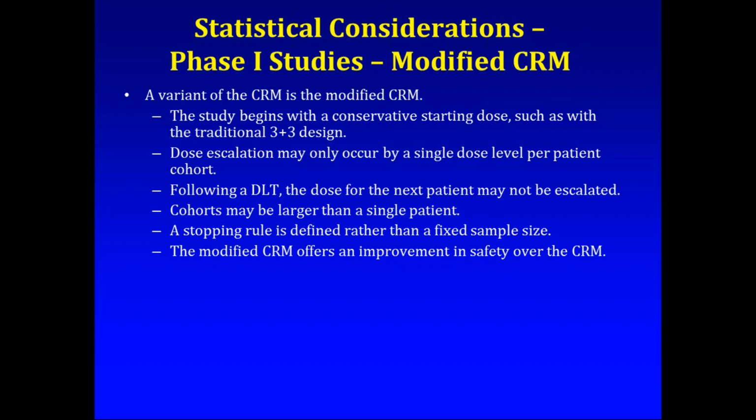That way we could say we're just not going to have any cohort with only 1 patient in it. We may want all of our cohorts to have at least 3 patients. With an adaptive design, different cohorts may end up with different numbers of patients, but we could set things up so that each one would have a minimum of 3 patients in them. And I think most investigators are more comfortable with that type of design.